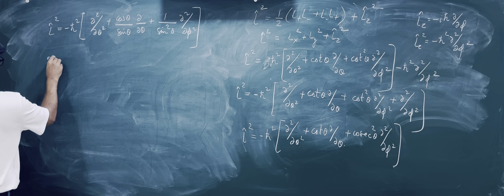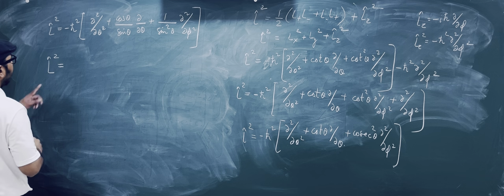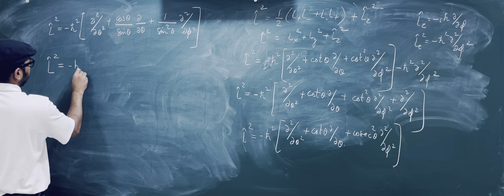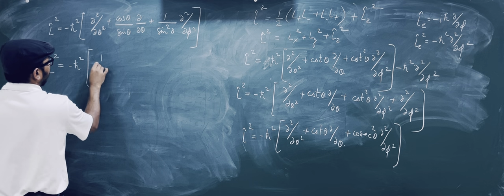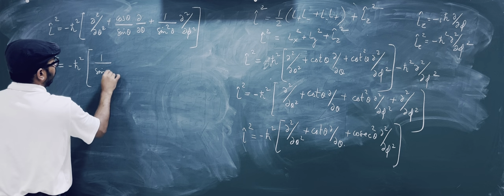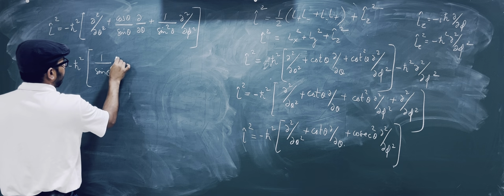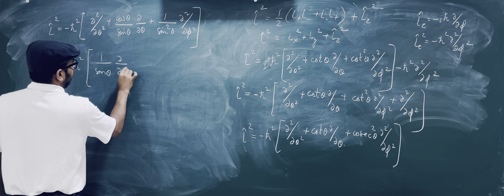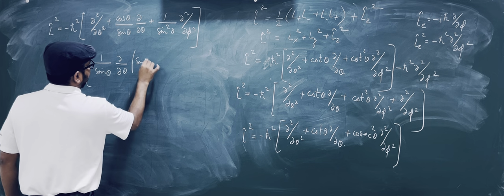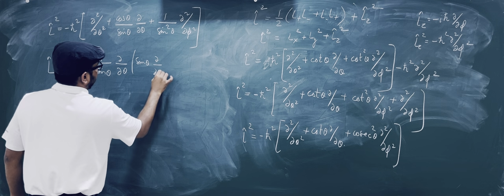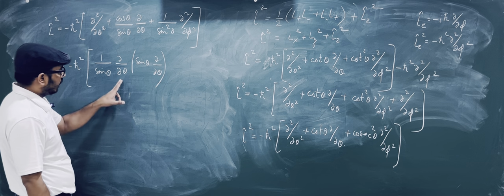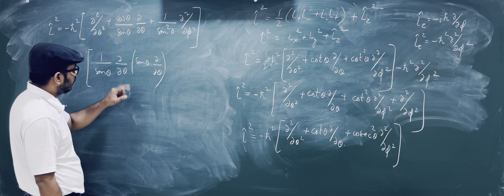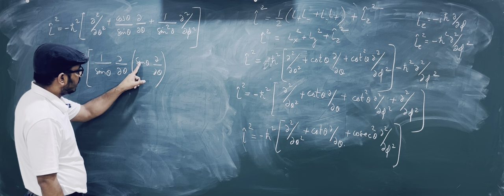So we are getting to the big guy. It's minus ħ square, and these two terms can be written as 1 over sine theta, the standard form is this, del over del theta sine theta del over del theta. If we solve this, this operator first goes on sine theta, so this will become cos theta del over del theta.